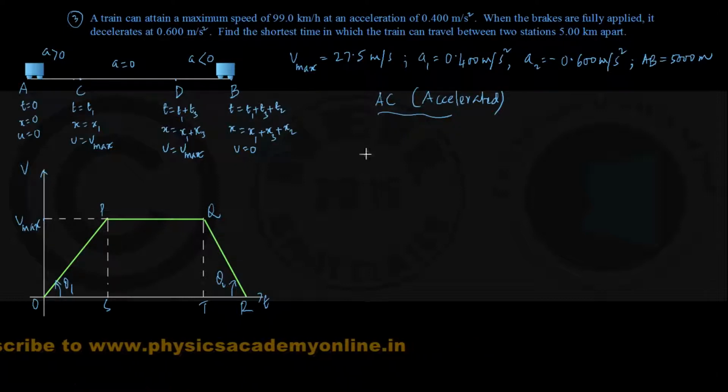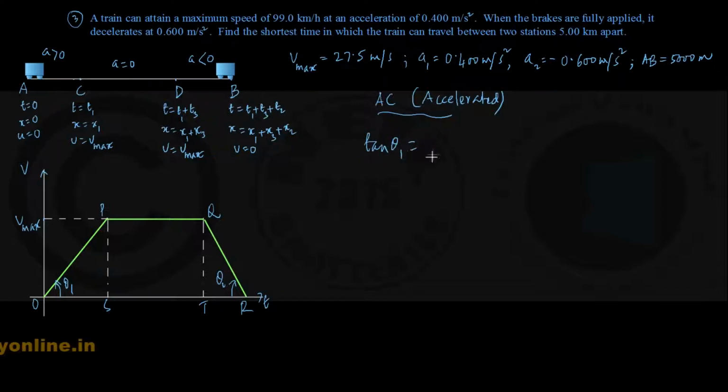So here we understand in the triangle OPS, a right angle triangle, the slope of the portion OP, that is tan θ1, is giving the acceleration A1, that is 0.400 meter per second square.